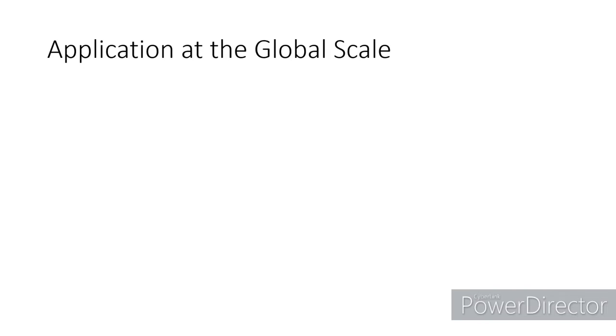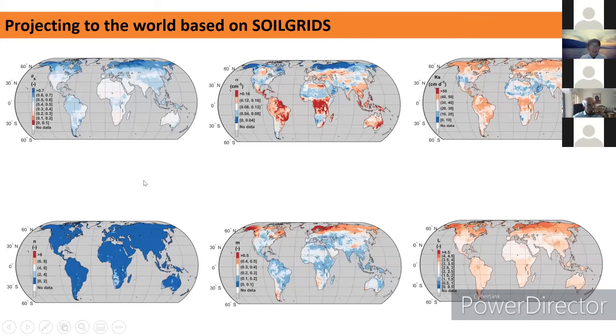But this is just showing that using a mechanistic model, we can infer a lot about what's happening at the global scale. So like before, we translate these pedotransfer functions into maps. These are projecting the parameters of the water retention and hydraulic conductivity curve throughout the world.